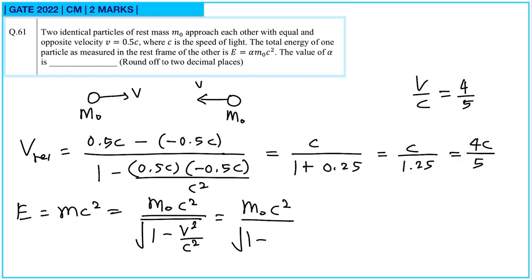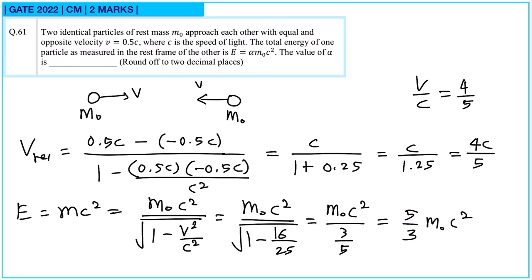So v square by c square is 16 by 25, which is 1 minus 16 by 25 is 9 by 25, which is 3 by 5. m0 c square, that is 5 by 3 m0 c square, and 5 by 3 we have to calculate. So alpha is equal to 5 by 3, which is 1.67. So answer is 1.67. Answer given in the answer key is 1.65 to 1.70.